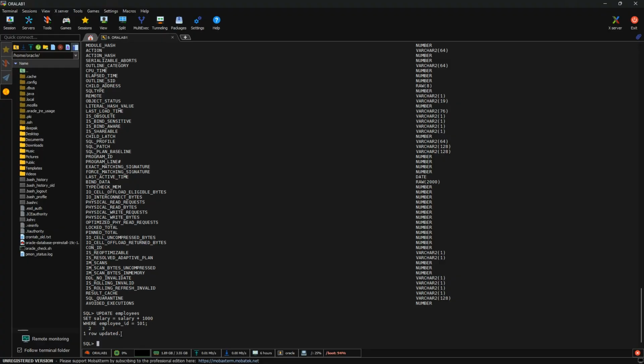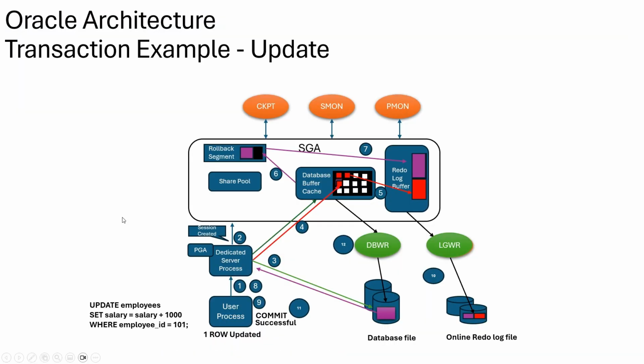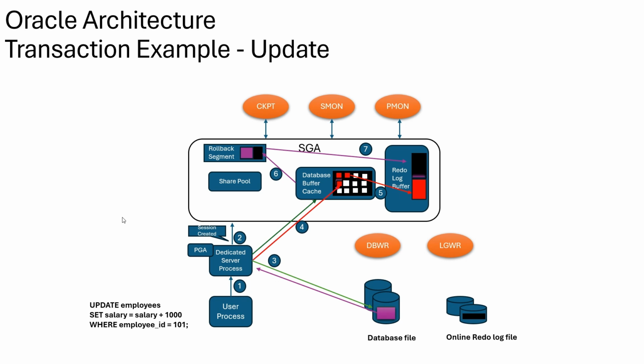When you update the information and it moves to the redo log buffer, immediately it says one row is updated.